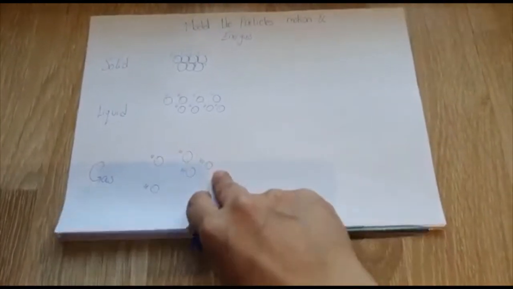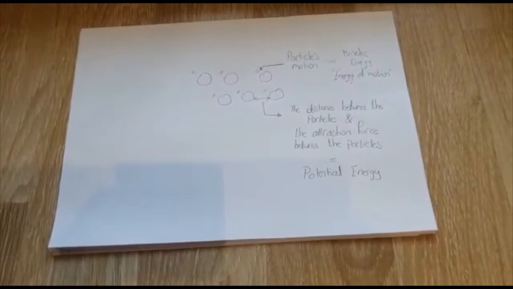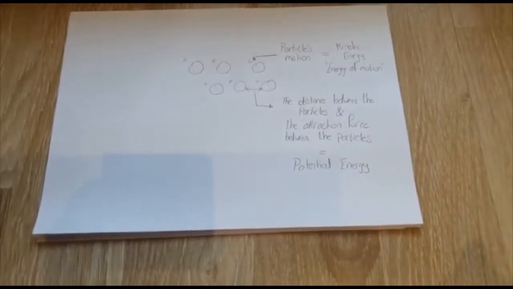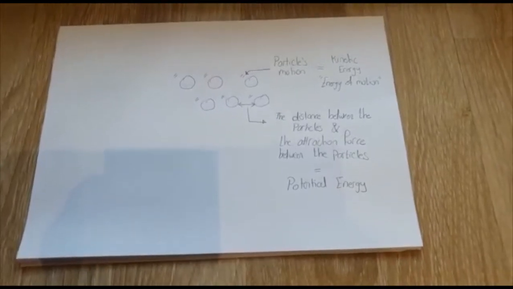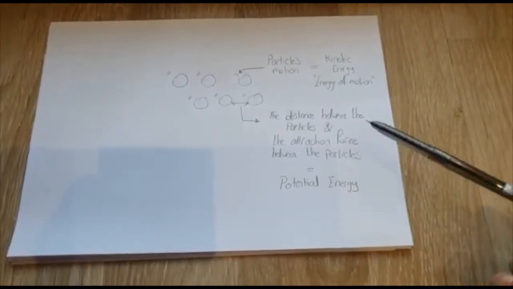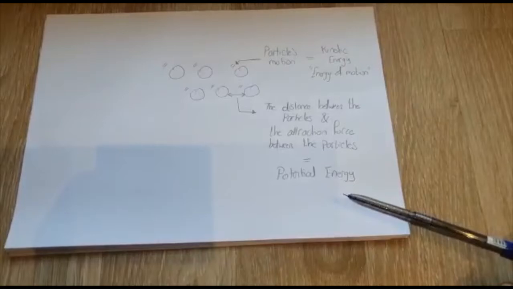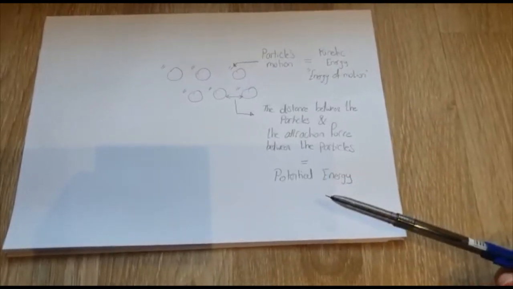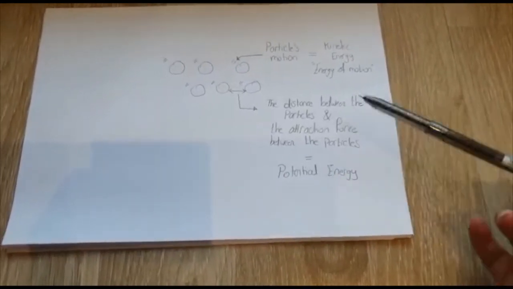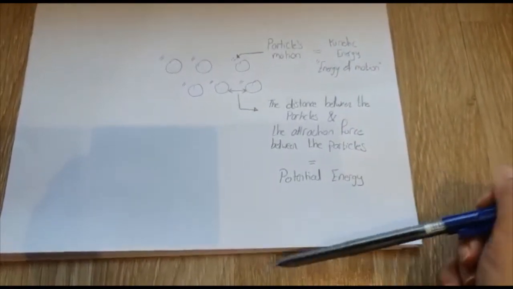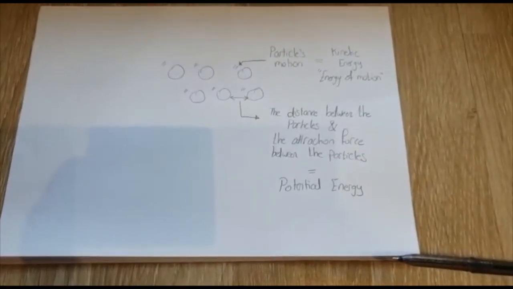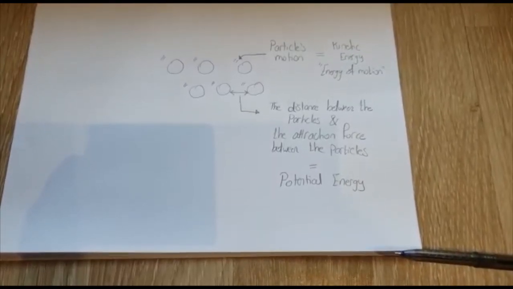Okay, so let's go here to the types of energy that the particles have. The particles have three kinds of energy, mainly what we need to highlight: kinetic energy, potential energy, and thermal energy, which we will mention in a moment.